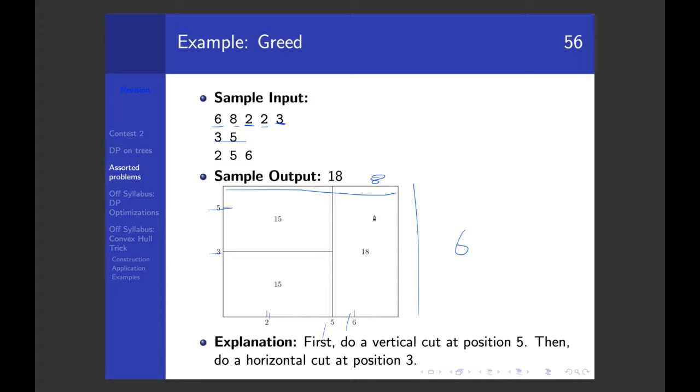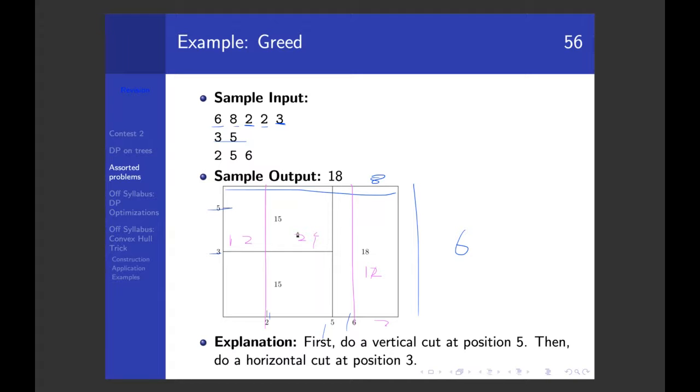And so one possible method: let's say our first cut is here and our second cut is here. Then our slices would have area, this is 2 by 6, we have 12 here, 4 by 6, 24 here, and 2 by 6, 12 here.